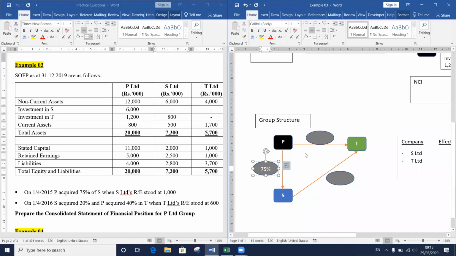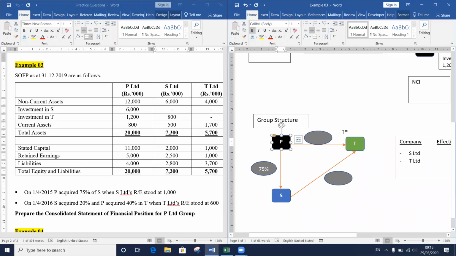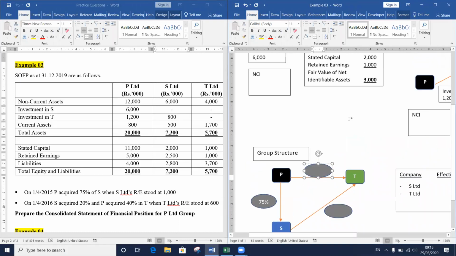We are the company P. What is the percentage we have acquired in T? 40%.